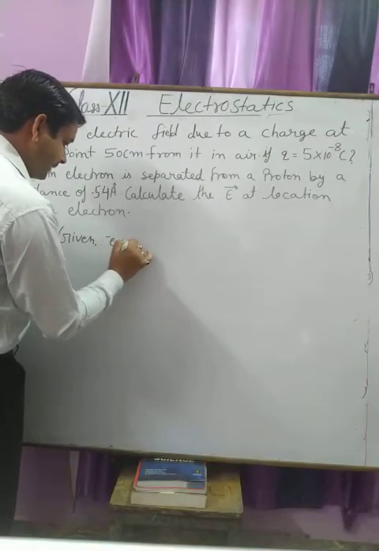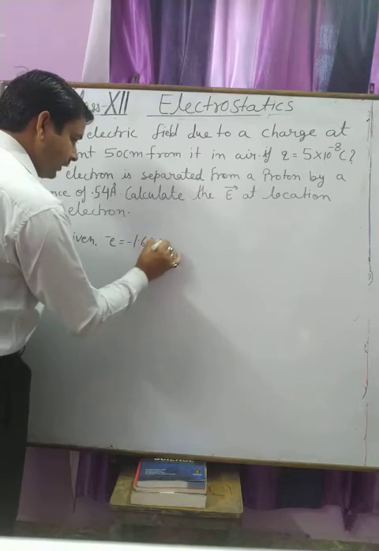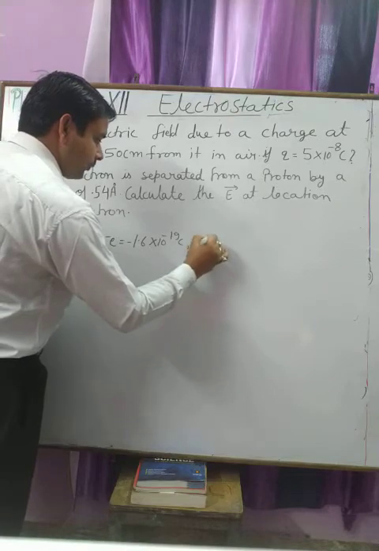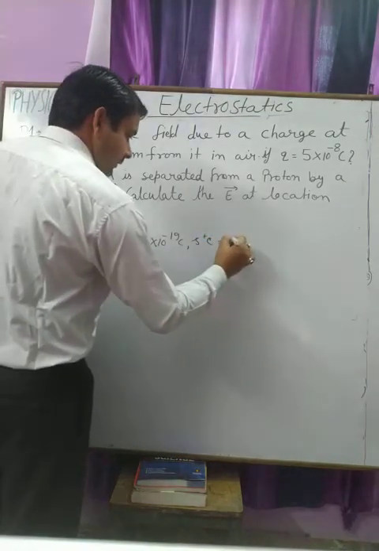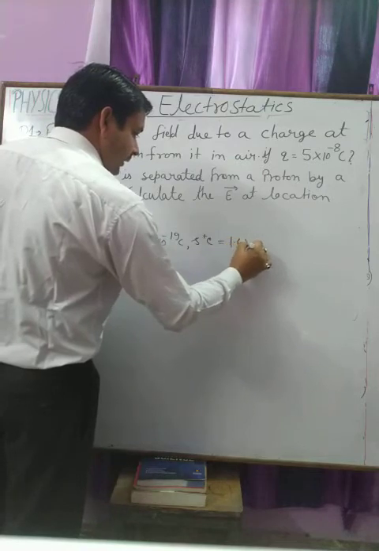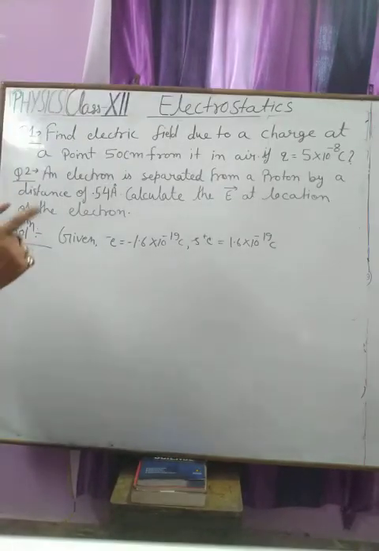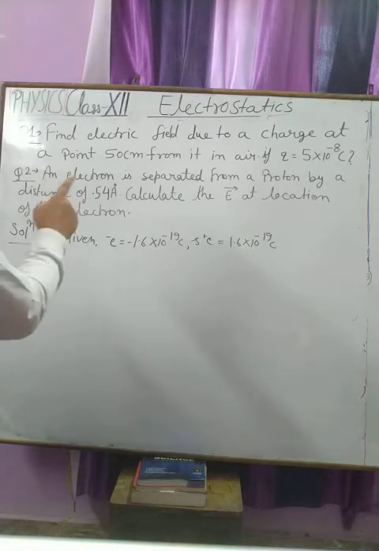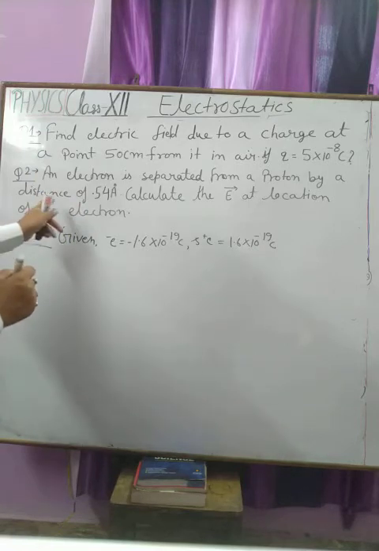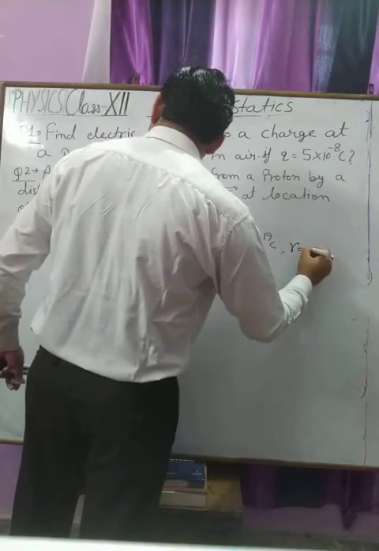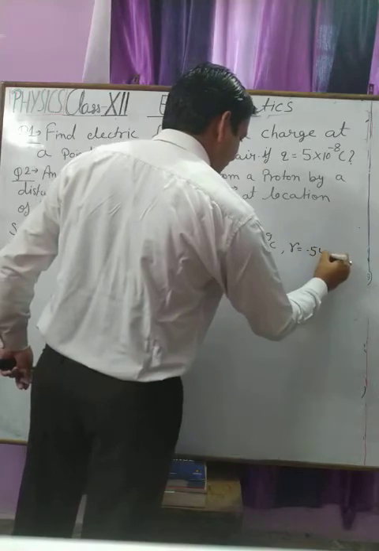charge on electron, that is minus 1.6 into 10 to the power minus 19 coulomb, and charge on proton, that is 1.6 into 10 to the power minus 19 coulomb, and they are separated by a distance r, 0.54 angstrom.